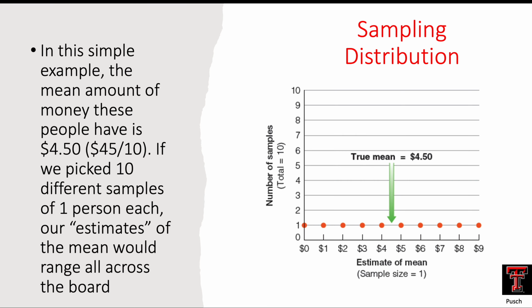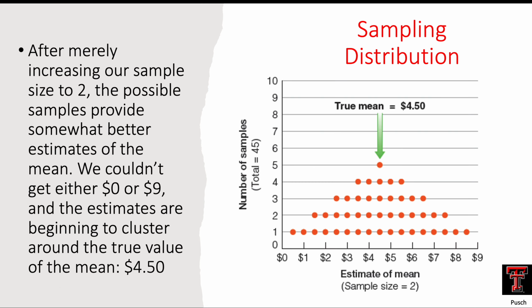In this case, it's a dollar amount in the individual's pocket. So if we pick 10 different samples of one person, our estimates would range across all the boards. So we would get at the mean, but it's difficult to do.